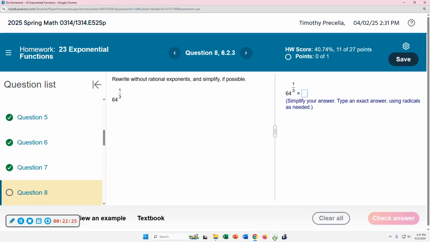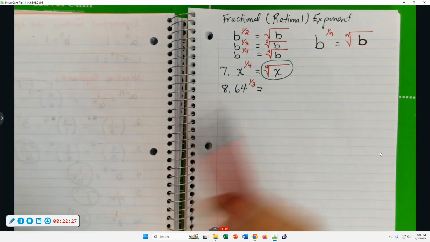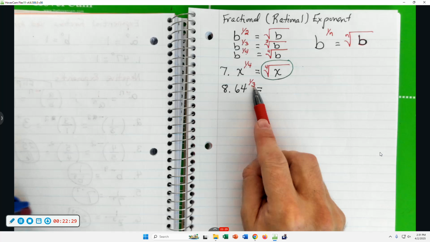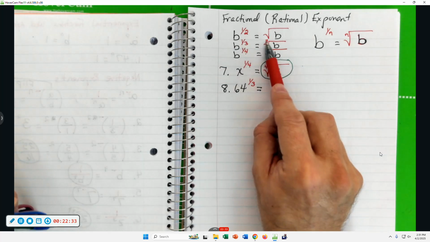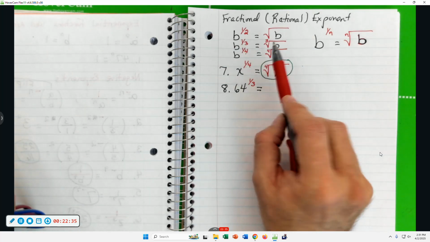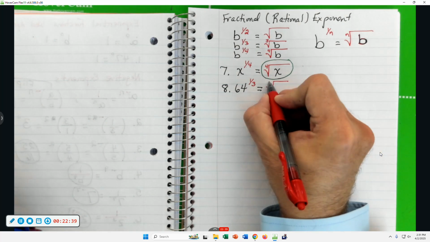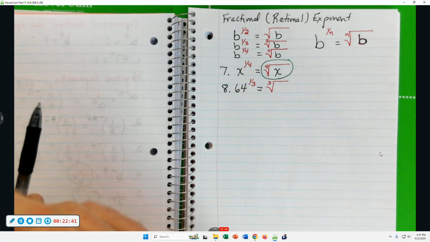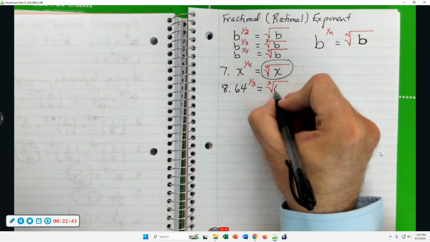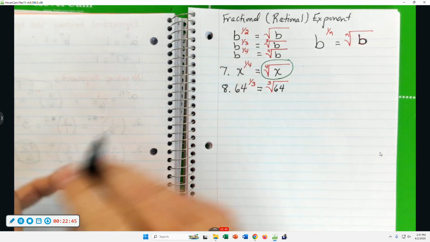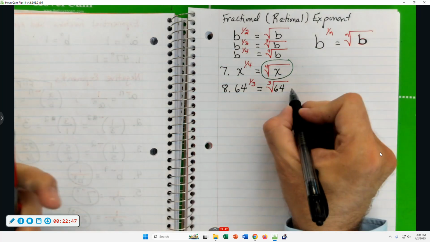Okay. A 1/3 exponent is the same thing as a cube root. So, cube root of 64. Since there's a number under that cube root symbol, maybe we could reduce it.